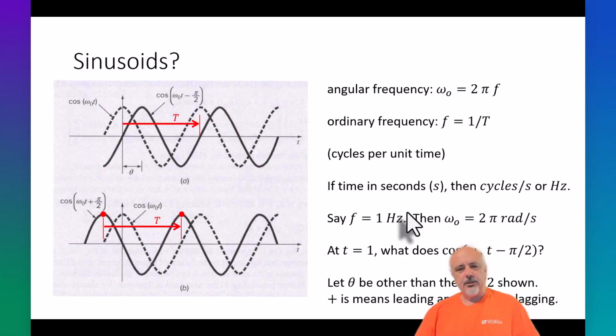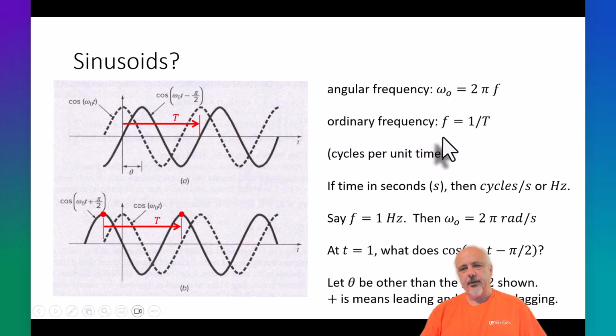Okay, so if you just remember your sinusoids or your cosines, sinusoid is sort of a generic term for a periodic function. A periodic function is going to have a particular time interval, a capital T, which would be in seconds generally.